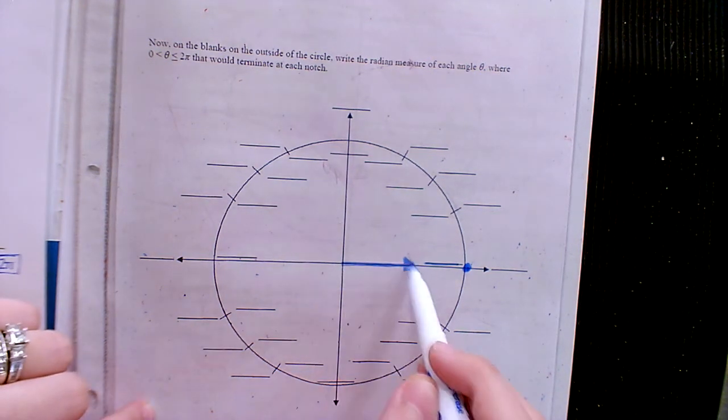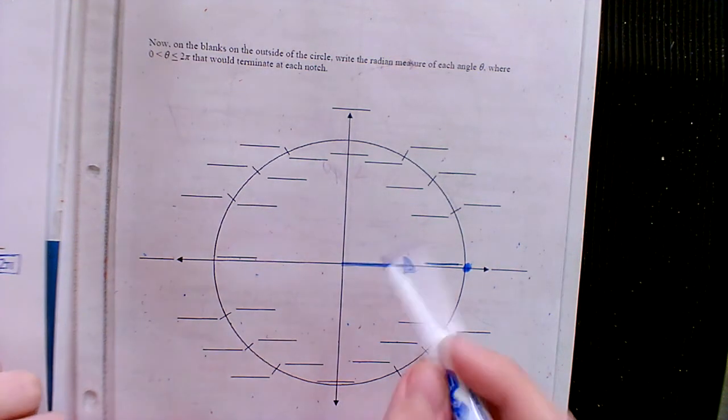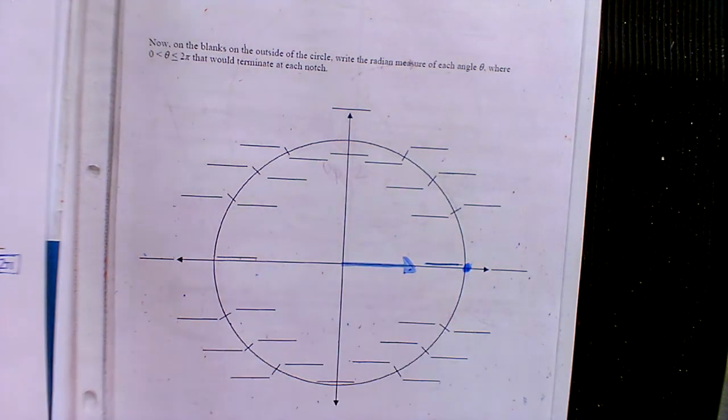All right, so here's the initial side of our angle. What if we did not rotate any angle measurement? What would be the measure of our angle? If you start and end in the same spot, you don't move at all, what was the angle?